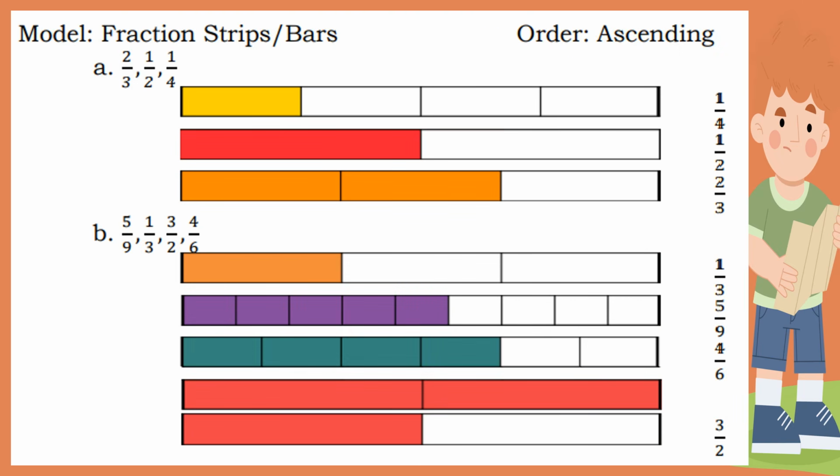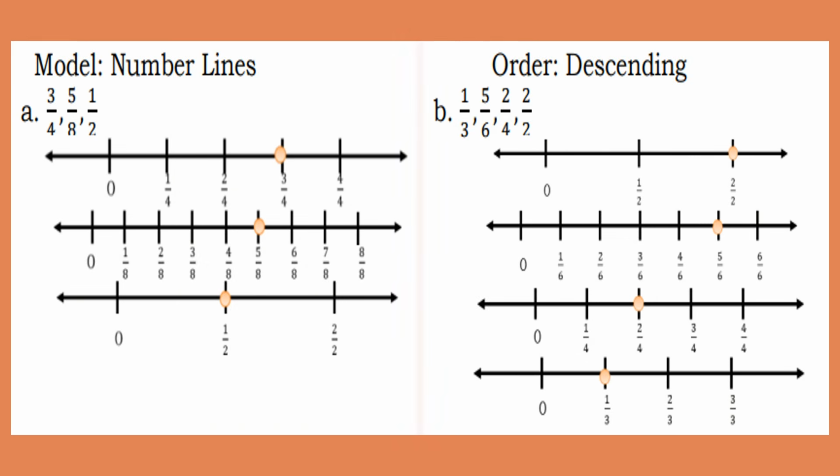Model, fraction strips or bars. Order ascending. Letter A and letter B. Model, number lines. Order descending.